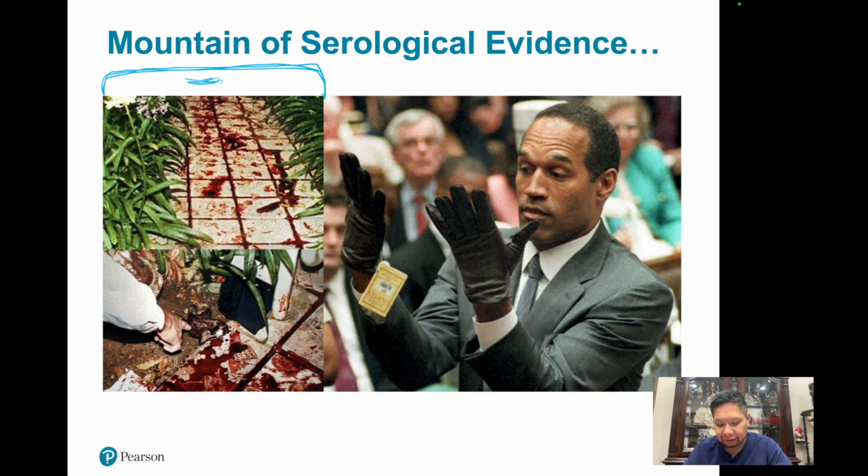The picture you actually see of him in court there is him trying on gloves, right? And the famous phrase at the time was, "If it doesn't fit, you must acquit." And so his attorney, Johnny Cochran, was saying that if he was the one that committed the murders and the murderer was wearing these gloves, then the gloves must fit his hands, right?